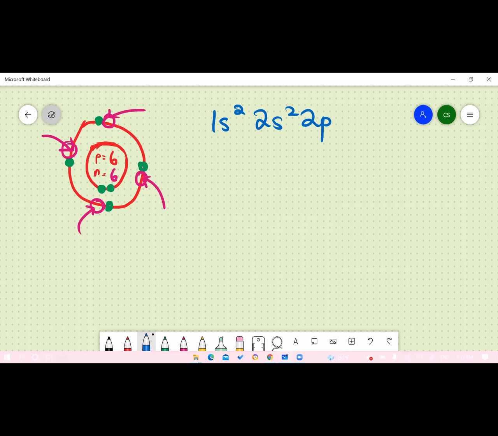Carbon has 6 electrons, and we already have 4, so 2 plus 2 is 4. So basically subtract 4 from 6 to get the number that should go here. 2. Very good. So let's look at the arrow and box method.